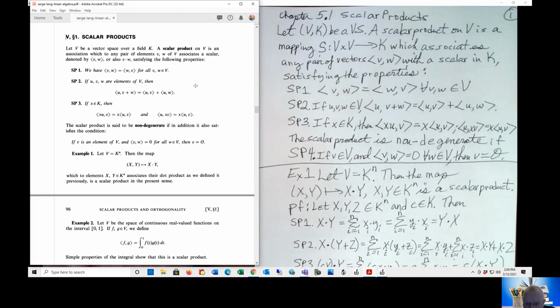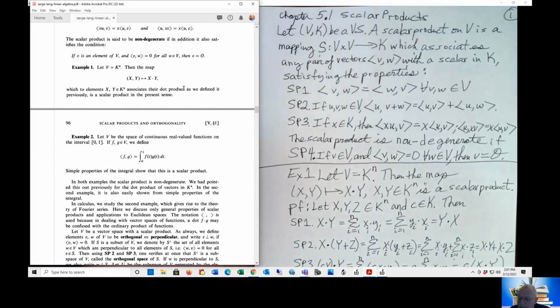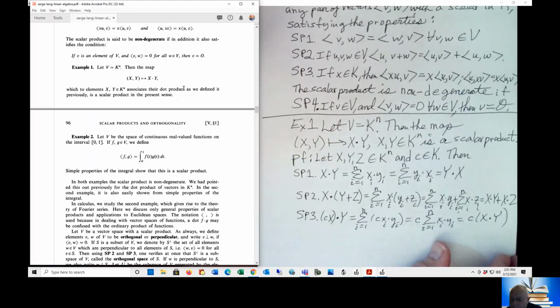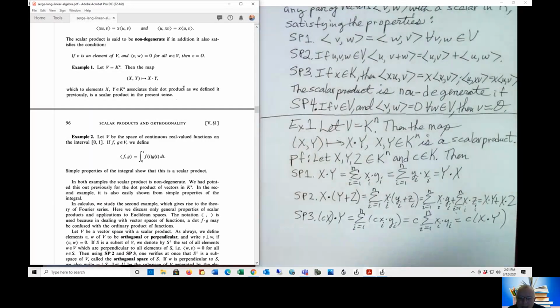So let's look at it. We're just going to briefly prove the three properties, SP1, 2, and 3, for Kn. Let x, y, and z be vectors in Kn, where they're represented by their components. Let C be a scalar in K.